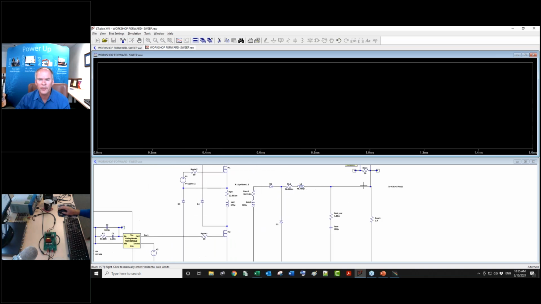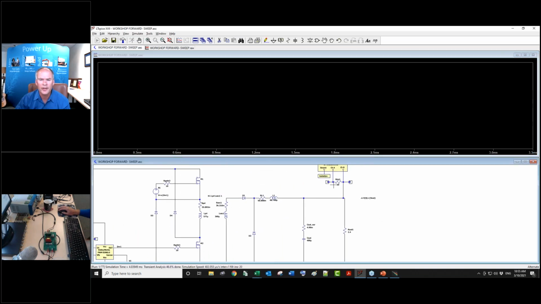What we're going to do first is probe our injected signal. I'm going to measure the injection. There you go.